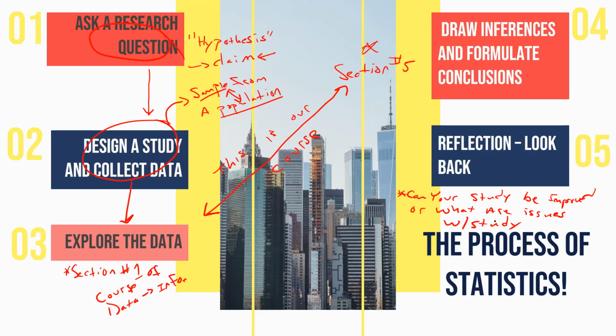And what I actually want to do now is walk you through an actual statistical study and show you the 5 steps in action, okay? I'm going to put up a poll right now, and I would like everybody to participate. Your results are anonymous, so just answer truthfully.